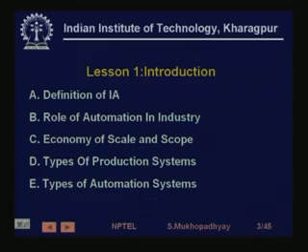Then in lesson 1 we started the course on a very general note and tried to define industrial automation. We tried to see that an industry is a systematic economic activity, and its primary objective is to make profit. Then we tried to find out how automation helps in making profit. We introduced the concepts of economy of scale and scope, and showed that in both respects automation helps.